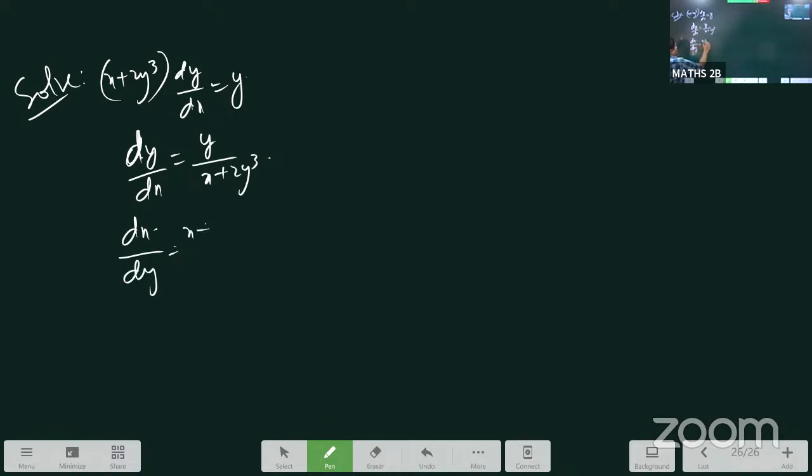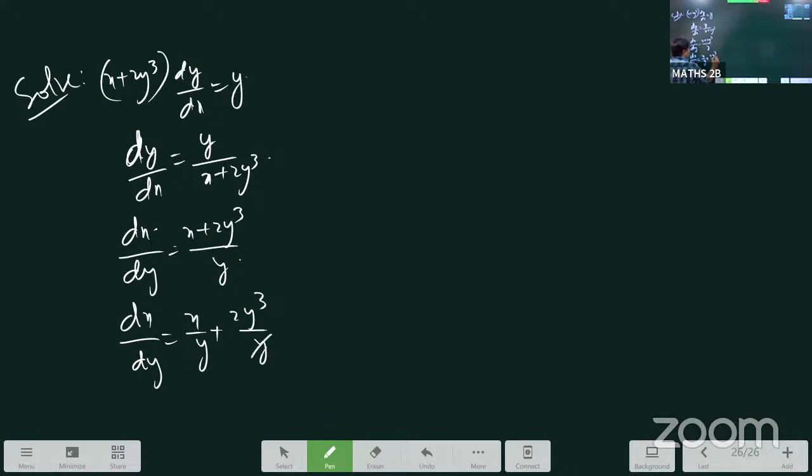That is dx by dy equal to x by y plus 2y cube by y. One y gets cancelled. What is left out is y square. Now x by y, you have to bring it inside, because I want 1 x in the numerator. Already I told you. Minus x by y is equal to 2y square.